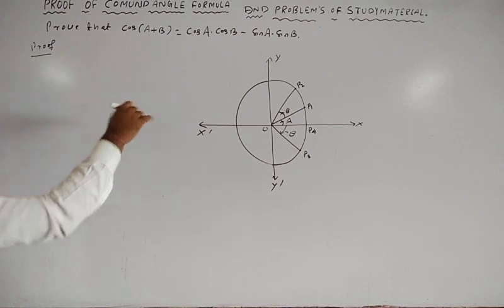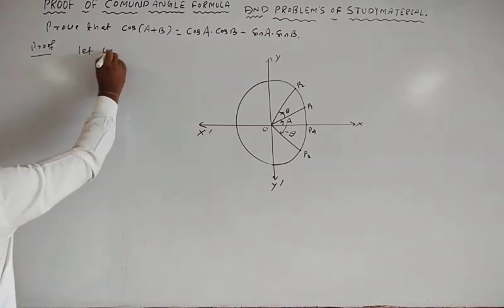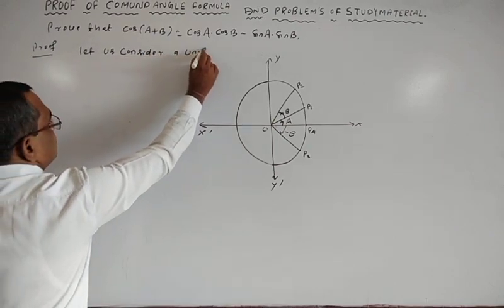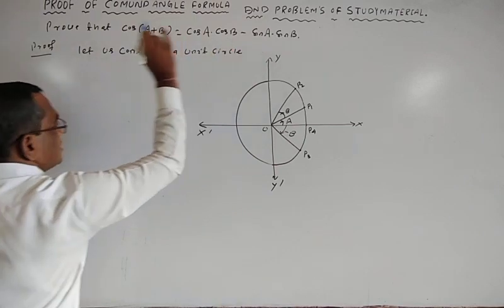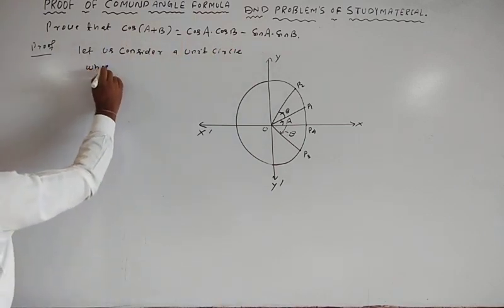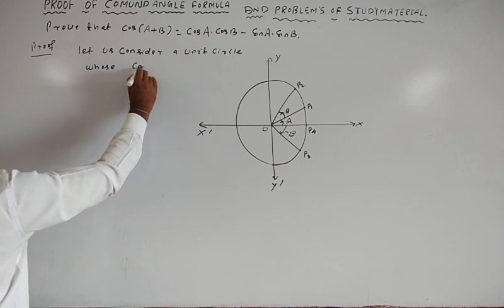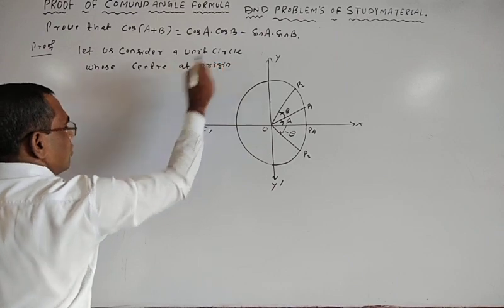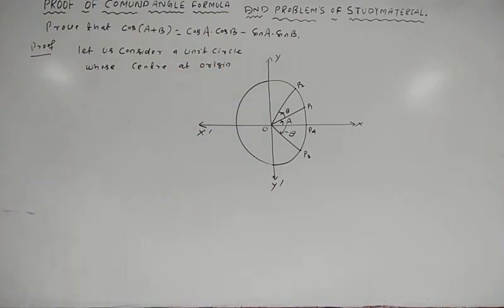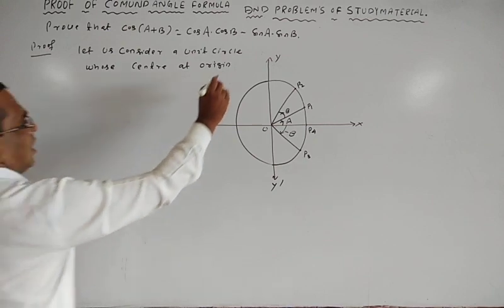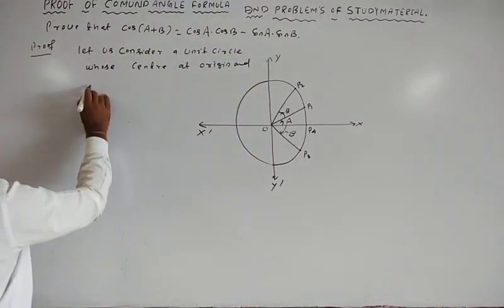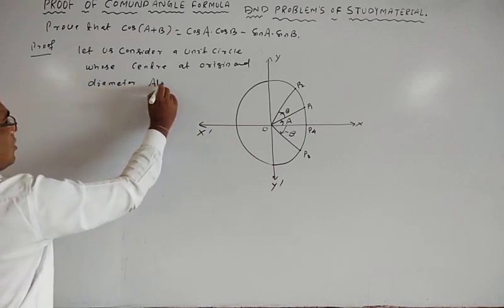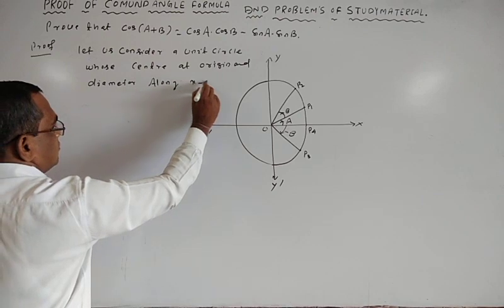So first we write all things. Let us consider a unit circle whose center is at origin and diameter along the x-axis.